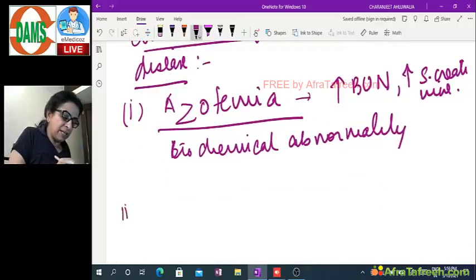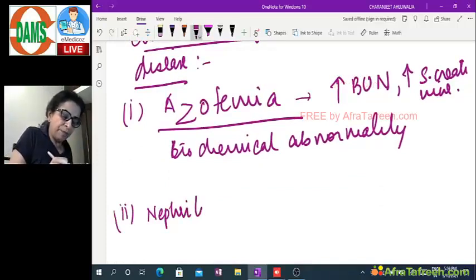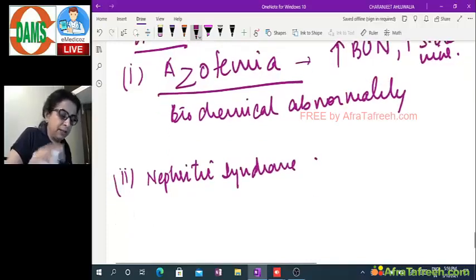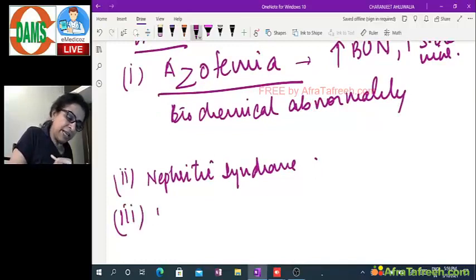Second, a patient with renal disease can present with nephritic syndrome. Third, they can present with nephrotic syndrome.